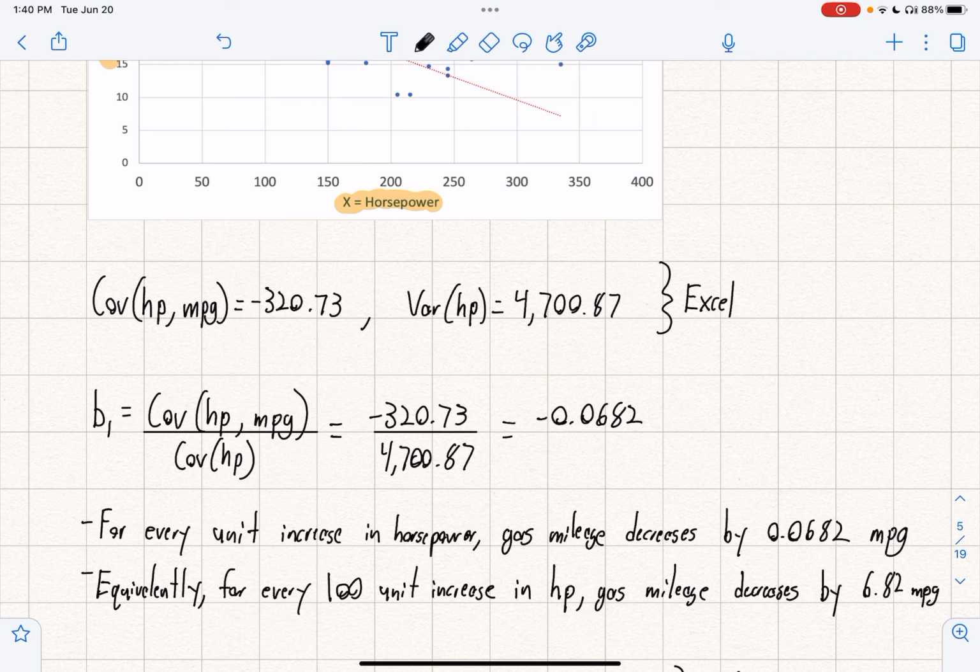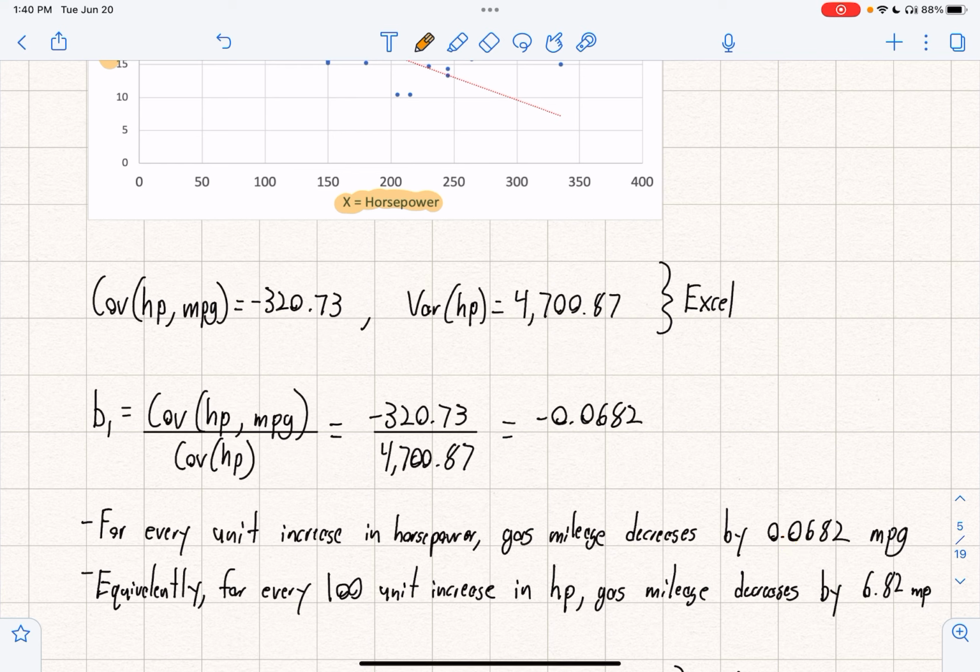So all I've done is that instead of for every single unit, I'm now saying for every 100 units. So all I did was multiply this value by 100. When you multiply by 100, you just move the decimal place 2 spots. So 1, 2, that's how I get 6.82.